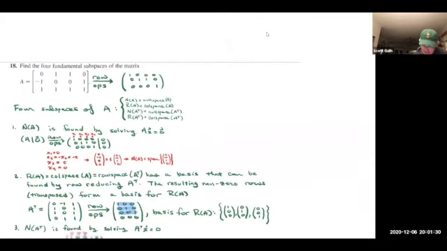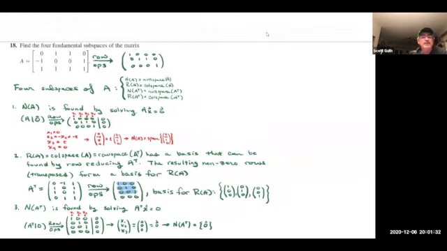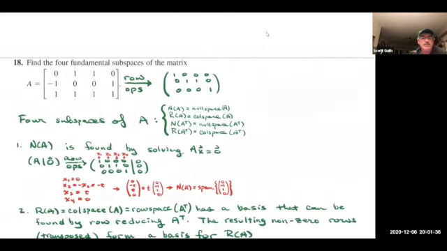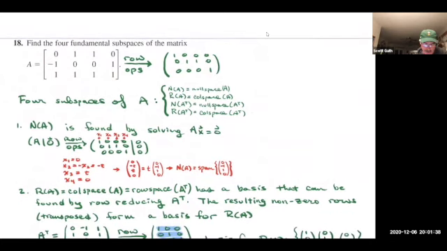Okay, now this one, it's hard to remember all these terms. I hate the notations that they use in the book, and they call these the 4 fundamental subspaces. To be really honest, this N of A, R of A, N of A transpose, and R of A transpose is just obnoxious notation.